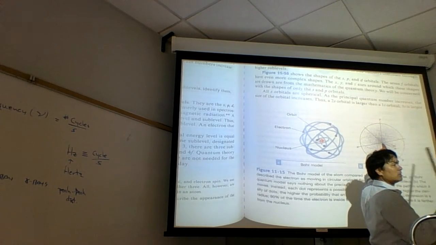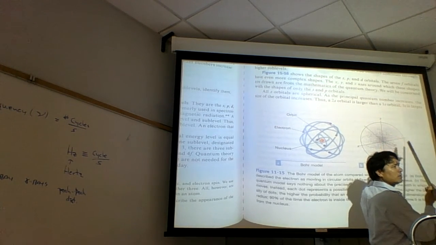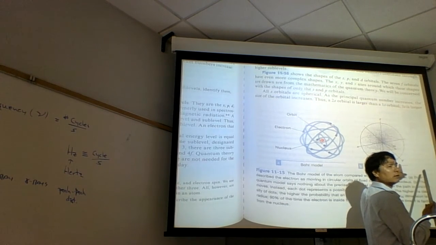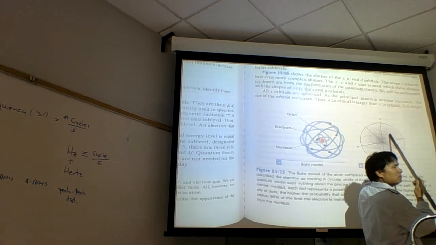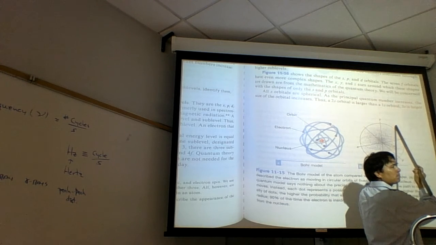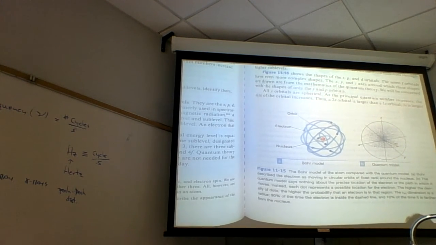So if the bird's here, put a dot. The next second, the bird's here, put a dot there. Next second, the bird's here. Sometimes the bird's way out here, right? But more rarely. And so when you look at the dots, well, the bird seems to hang out by the nest mainly. Does it go very far from the nest? Not often. But can it go far from the nest? Yeah, it can. Well, that's like the electron.